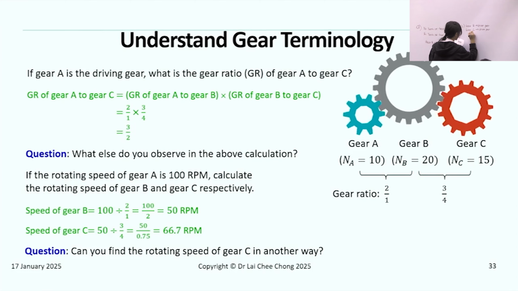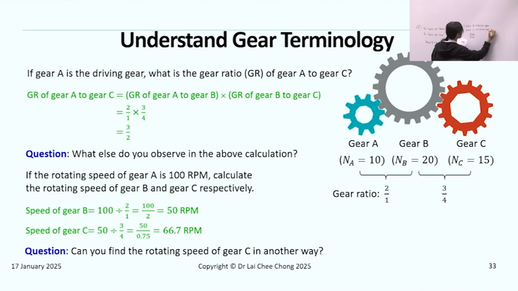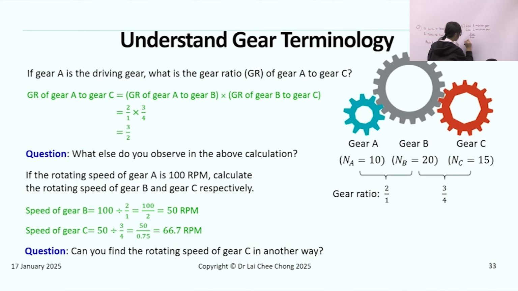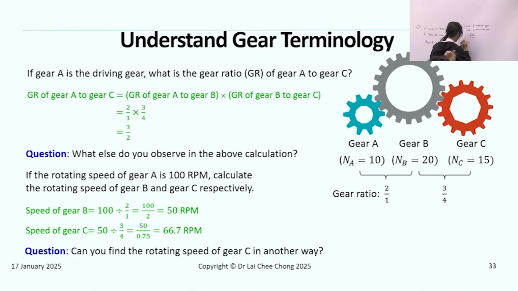It's 60 over what? 60 over 20 is 3. That's great.